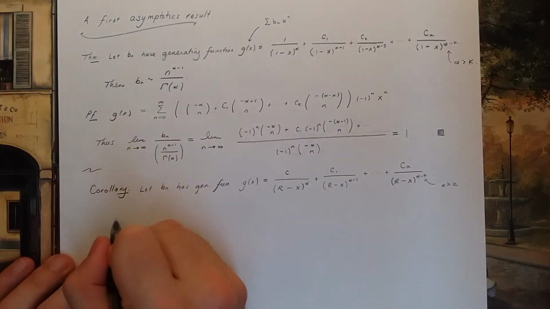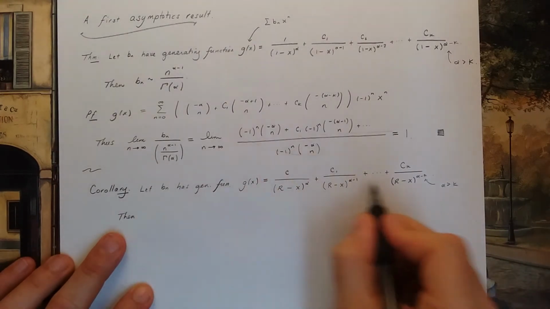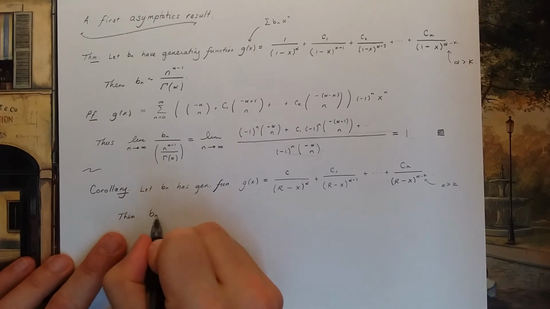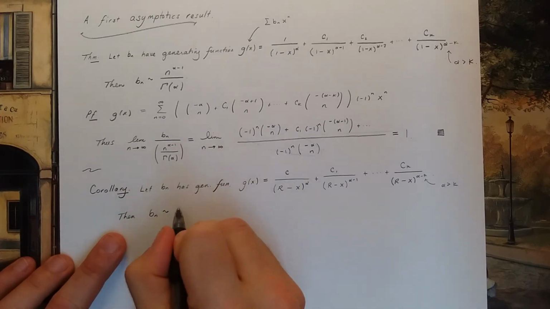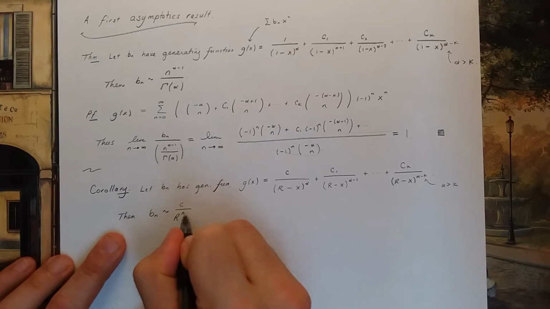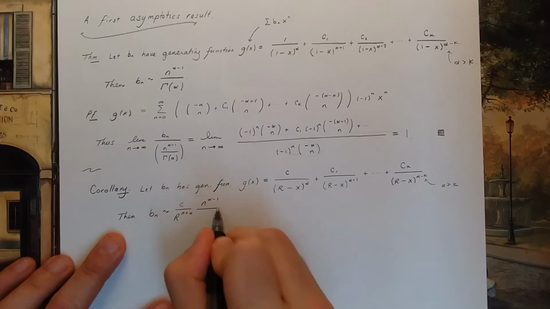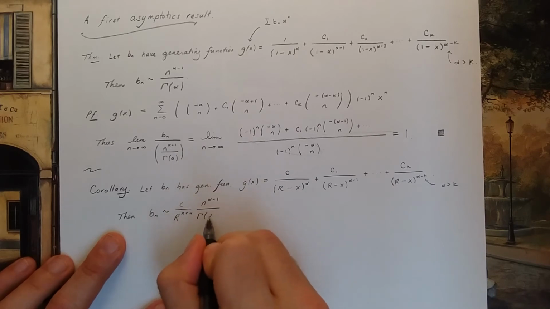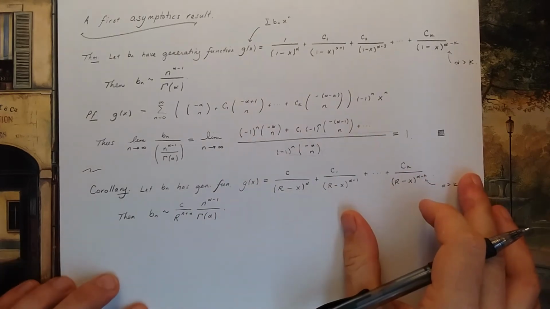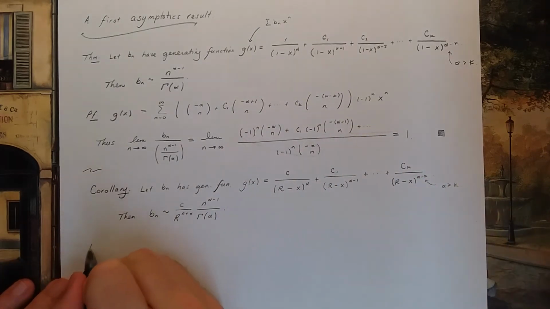Then the result is, under this condition, that b_n is asymptotic to c over r to the n plus alpha power, times n to the alpha minus 1 over gamma of alpha. So here is the proof of this result.